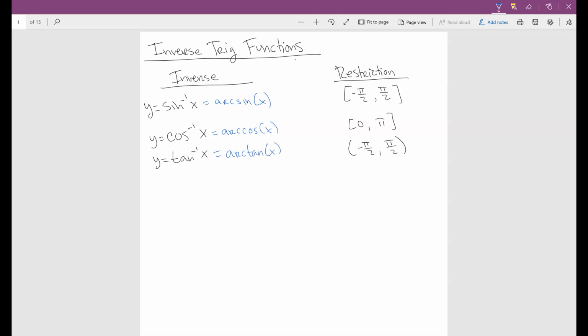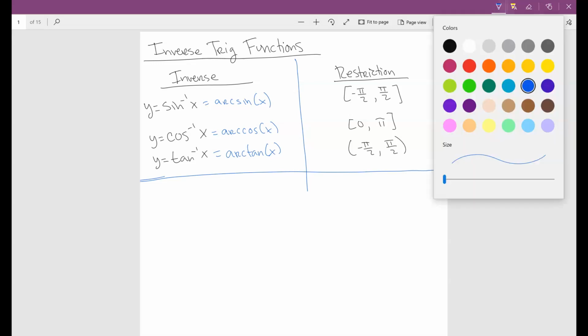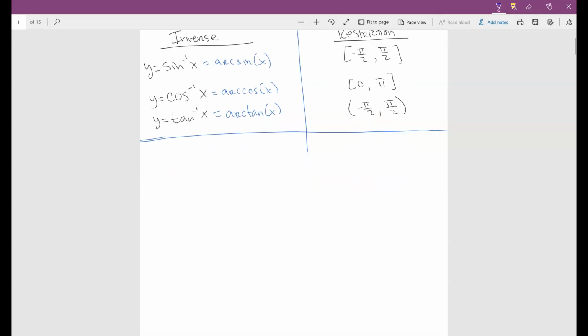Now, what I have over here is basically the restrictions. These are the angles to which these inverses are restricted. So for example, let's just look at the inverse sine for a second. The inverse sine kind of looks like this.